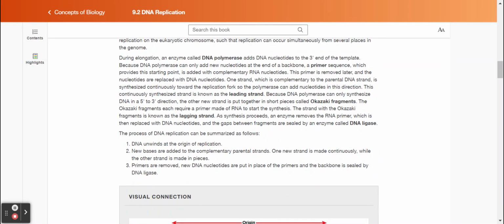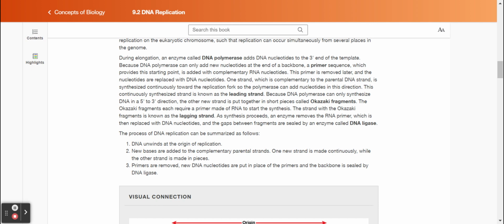During elongation, an enzyme called DNA polymerase adds DNA nucleotides to the 3' end of the template. Because DNA polymerase can only add new nucleotides at the end of a backbone, a primer sequence, which provides the starting point, is added with complementary RNA nucleotides.